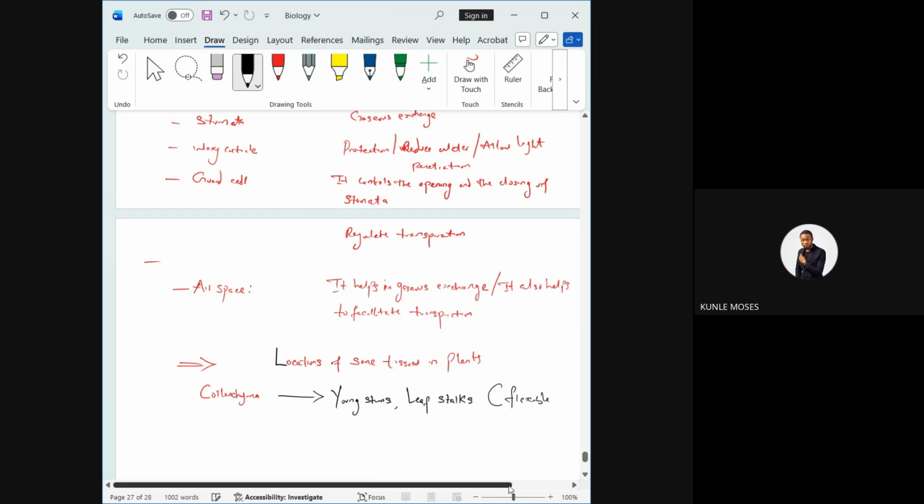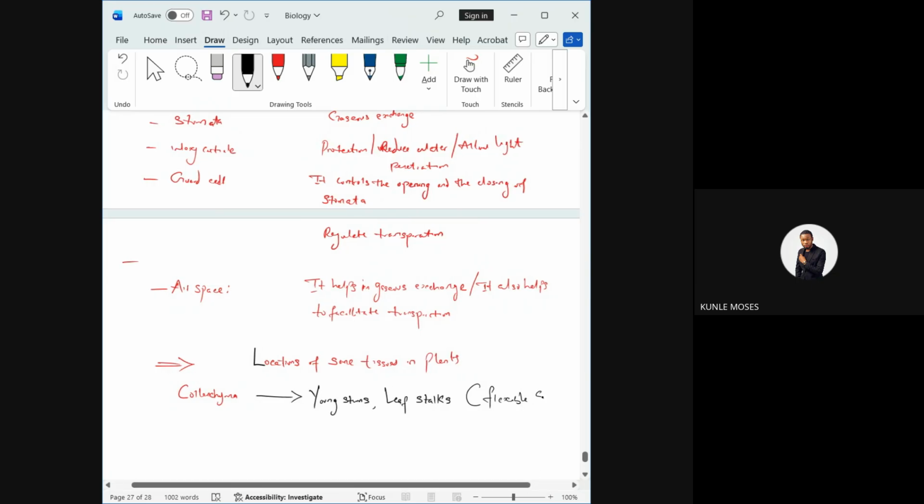All these things, I've told you how to remember them. I only pity people that are just joining the class because it looks somehow hard and it's very simple. The next one is sclerenchyma.